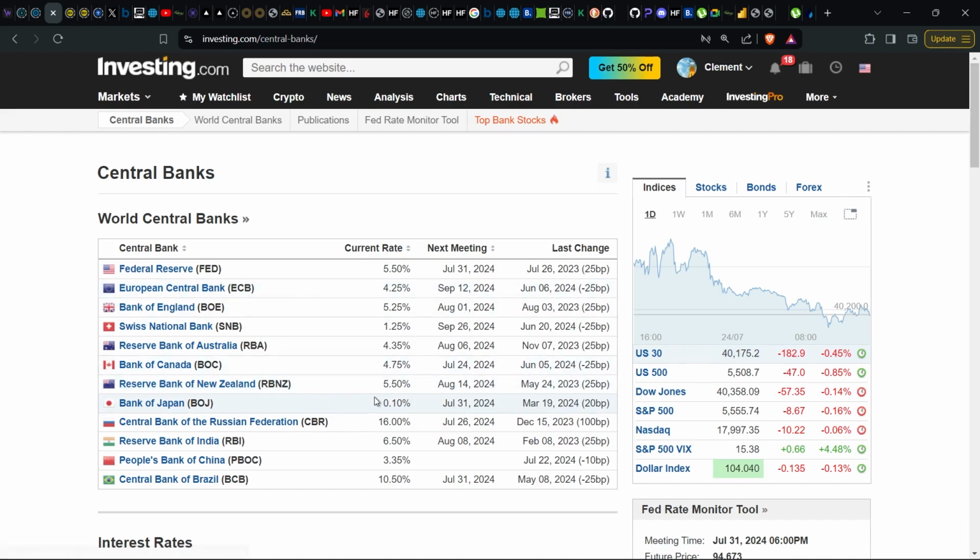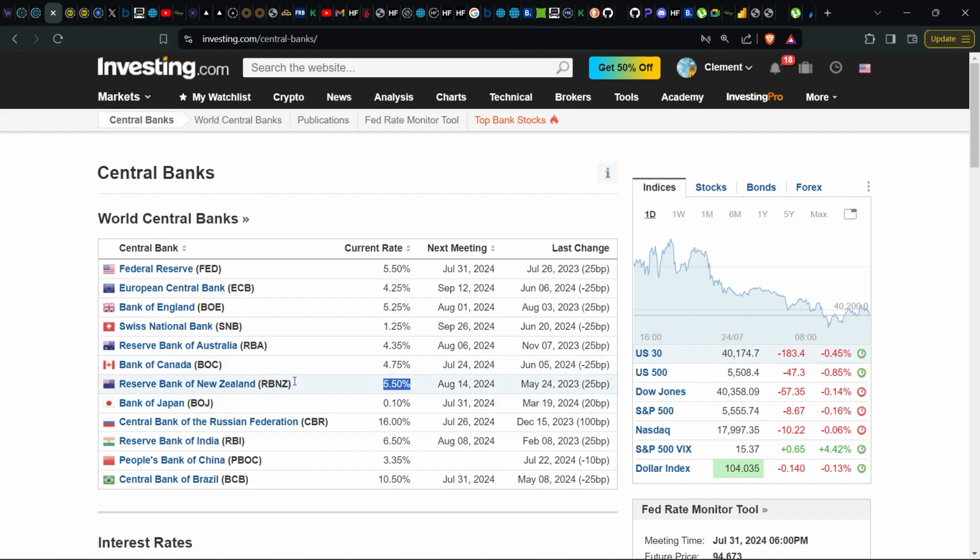These are the central banks, and this has been the interest rate. So you can see the Bank of Japan had the lowest rate for the longest time, while these other economies were hiking rates to levels never seen in decades. So that automatically makes the difference so big.